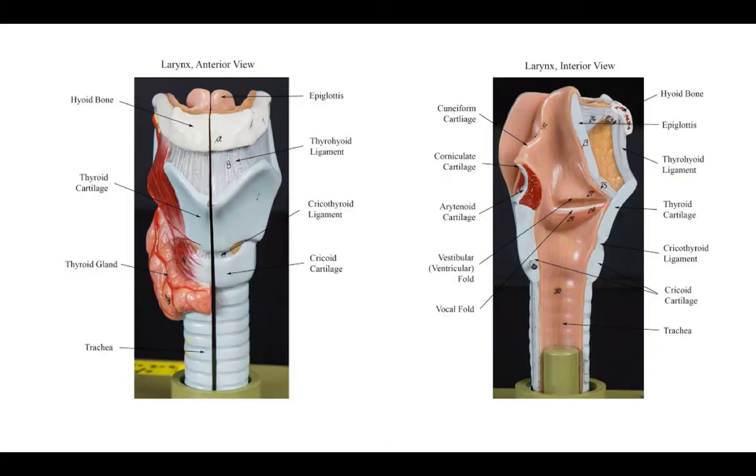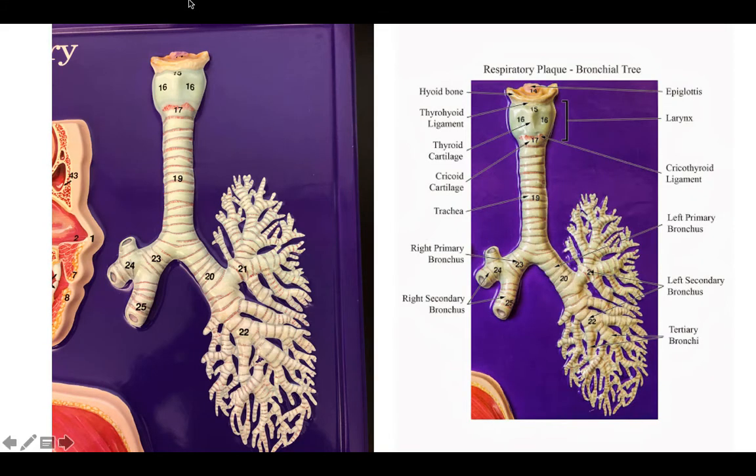I want to just go to this image here because you can see these tracheal rings. This is a nice image because you can see the thyroid cartilage, and then you can see the cricoid cartilage right here. And now we get into the tracheal rings.